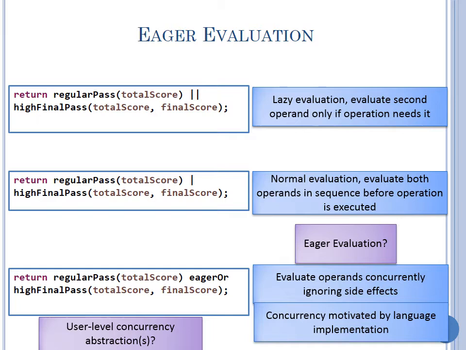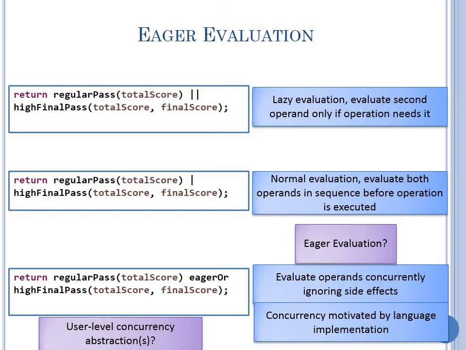We can have lazy evaluation, where we evaluate something only on demand. Okay, that's something I'm hoping we will touch on later. And we can have eager evaluation, where we actually evaluate them in parallel. Okay, and so get some concurrency. And we saw that lazy evaluation is actually supported for the OR operator here.